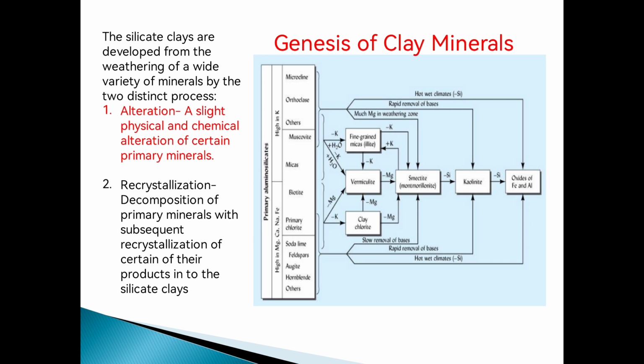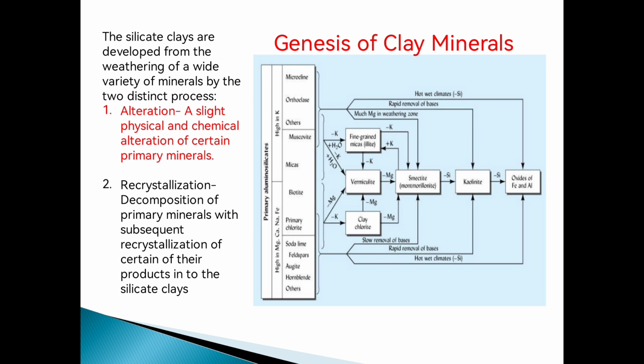When we go down, those minerals which are high in magnesium, calcium, sodium, and iron, it's still the same. Like for example, these minerals, the primary chlorite, biotite, soda-lime feldspars, augite, will also be transformed into vermiculite or clay chlorite.